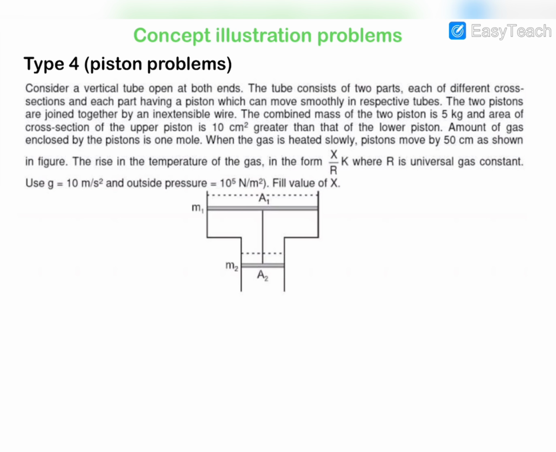In this question, you can see that there is a cylinder which is of bottle shape, and there are two pistons A1 and A2. The area of this piston is A1, the area of this piston is A2. Masses are M1 and M2.